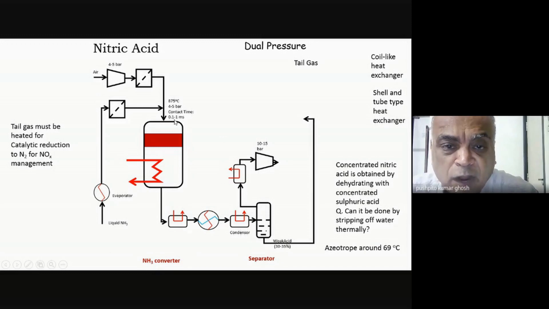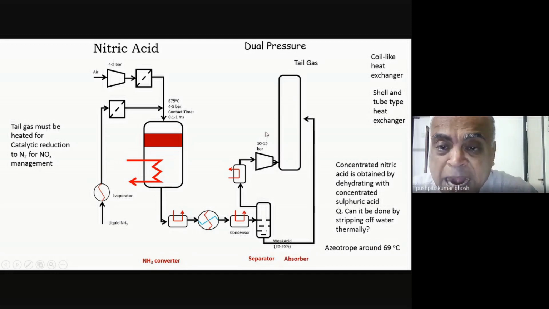So this is one pressure, 4 to 5 bar initially, and then the NO which is being released from the production of nitric acid is again repressurized here to something like 10 to 15 bar, and it's again introduced into a second absorber. Remember the way we had those two absorbers in the sulfuric acid process, the double absorption, double contact process. It's being introduced here. There is some water which is also being put here.